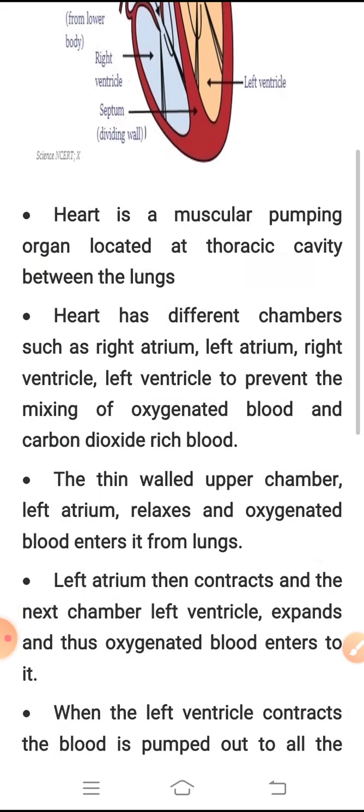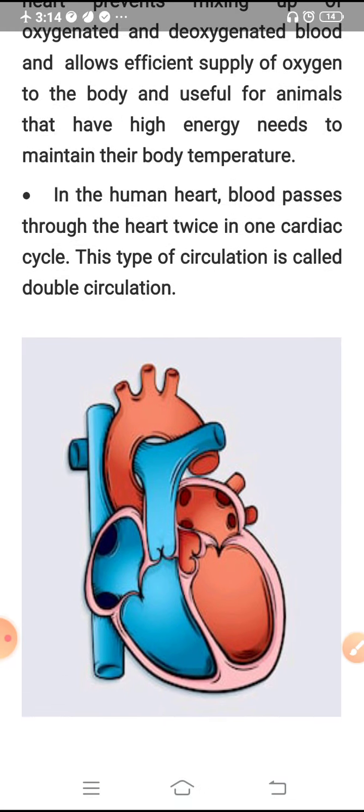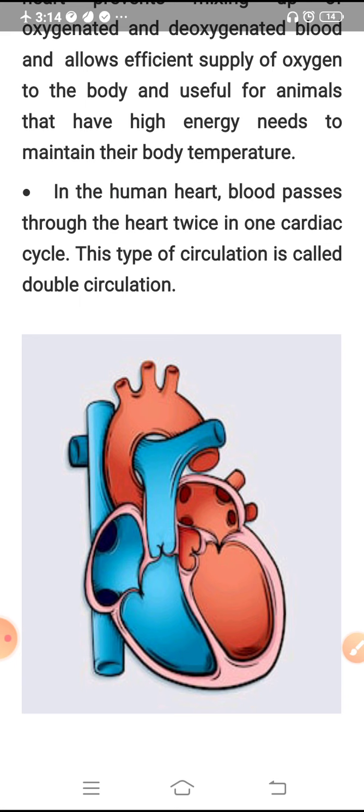So I'll show you the valves in this picture so it is easy to identify. Here you have to understand first what the valves are. Actually, the valves are nothing but regulators. What is meant by regulators? They are like controlling something.